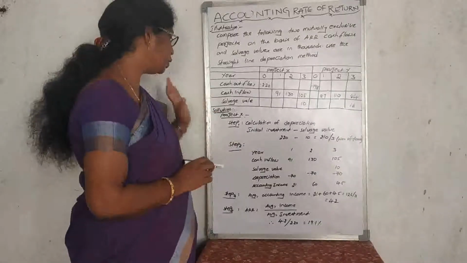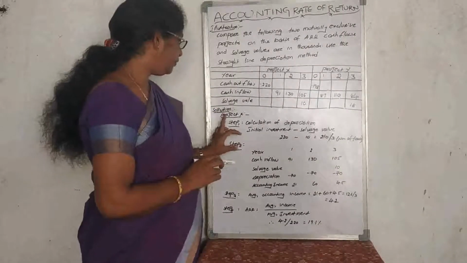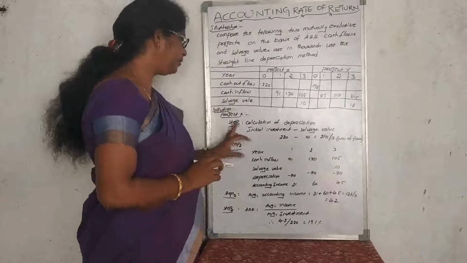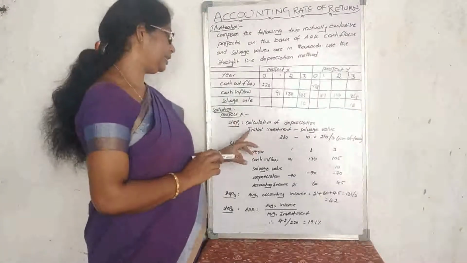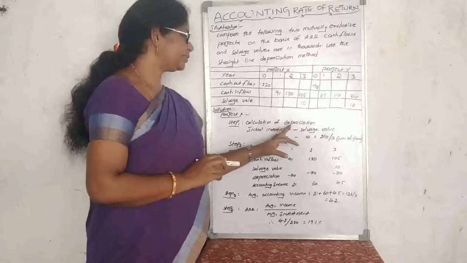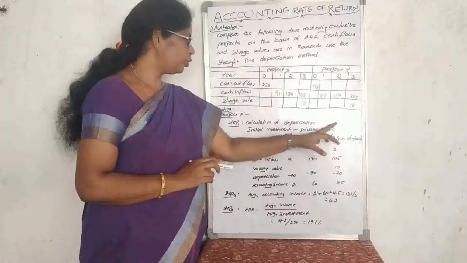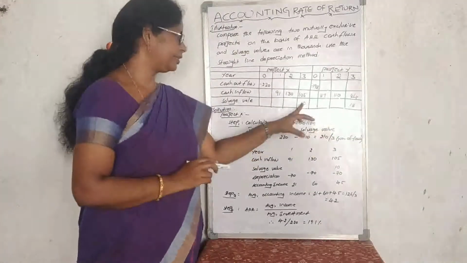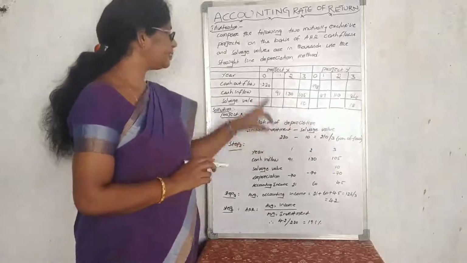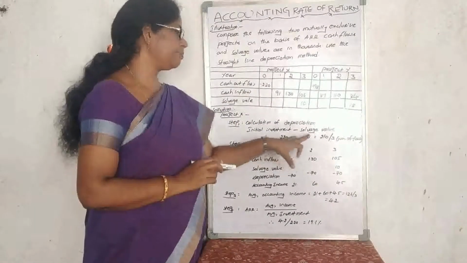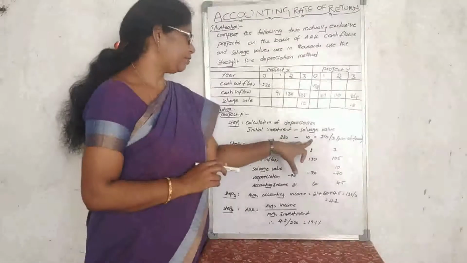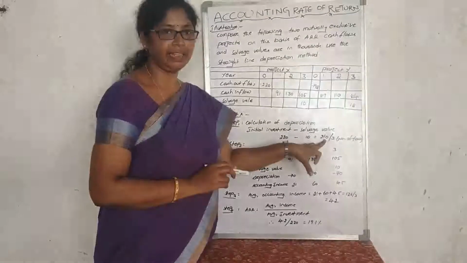Coming to the solution for project X, in the first step we need to calculate the depreciation. How can we calculate the depreciation? Initial investment minus salvage value. What is the salvage value? Here 10,000. Initial investment 2,20,000 rupees. 2,20,000 minus 10,000 equals 2,10,000 rupees.